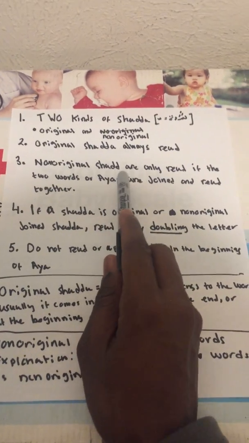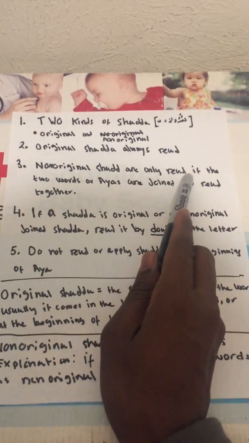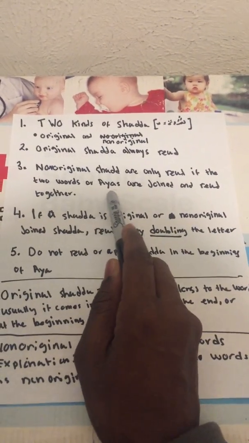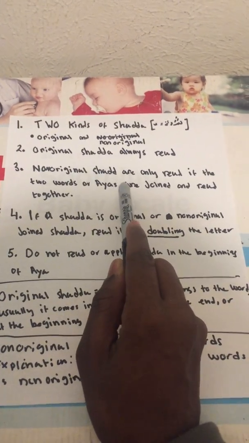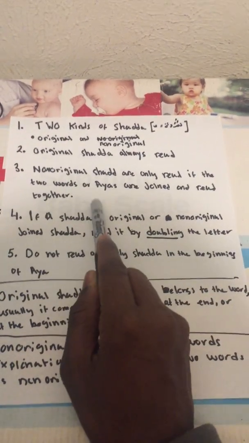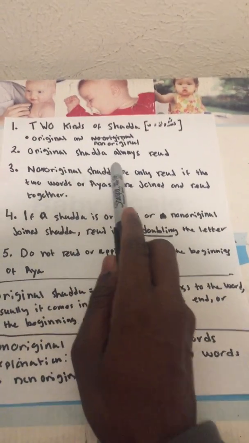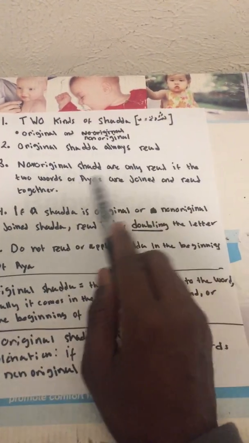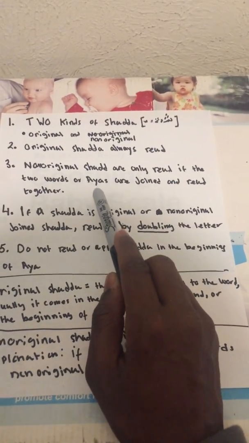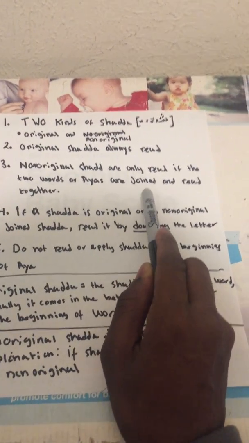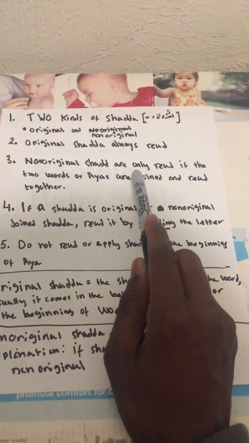Non-original shadda are only read if the two words or two ayahs are joined and read together.